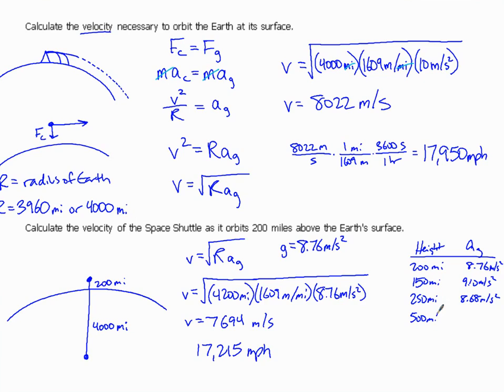And 500 miles above the surface, we're talking about 7.74. And when you're talking about from the center of the Earth, this one is 4,500. This one's 4,250. So you have to include the radius of the Earth in your calculation and not just how high above the Earth it is.